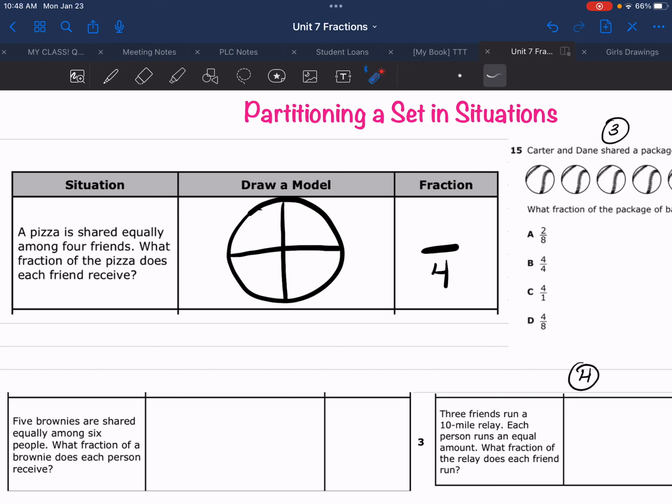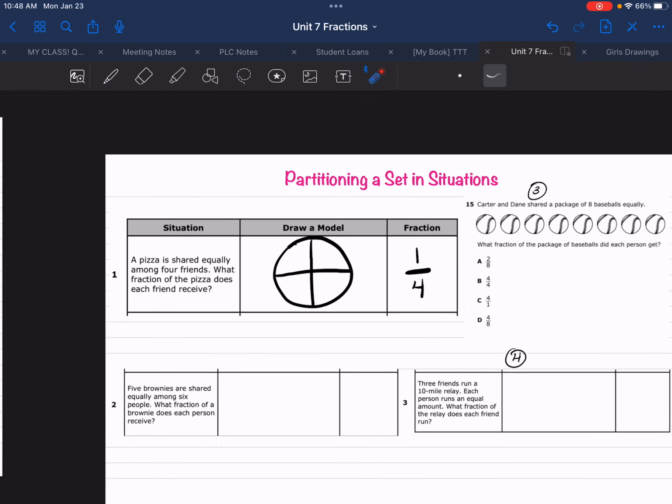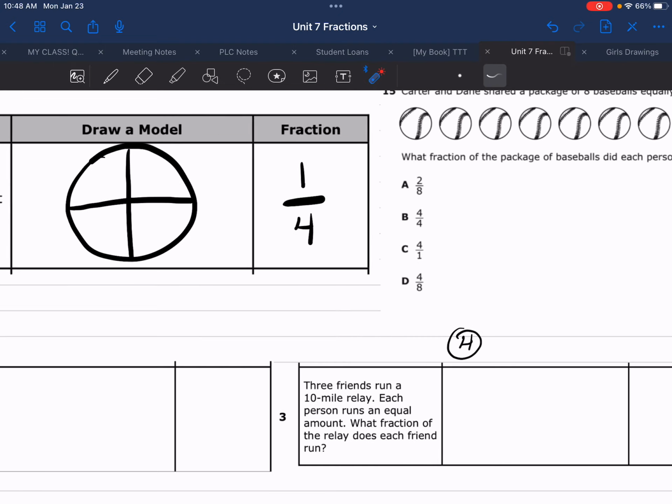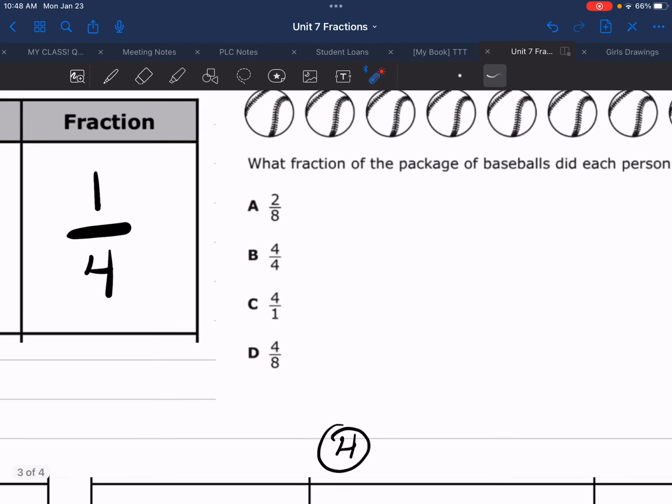If I'm just talking about one piece, then I put a 1 in the numerator, because each friend is going to receive one of these pieces. Each of these pieces is equal to 1/4. Easy peasy, right?